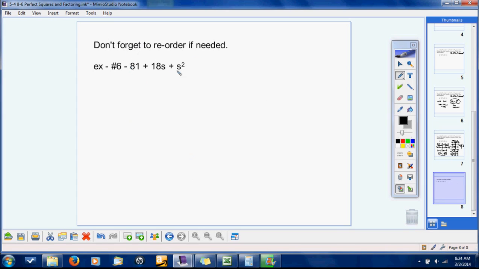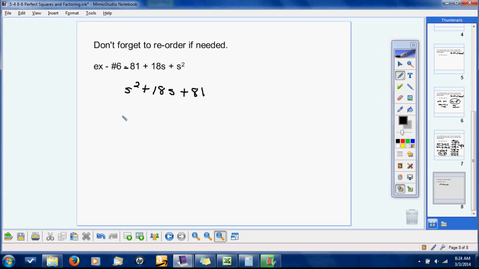Alright, sometimes, remember, you have to reorder a problem before you can actually solve it. This one we have s squared plus 18s plus 81. This should be an equals. Okay, now what I can notice here is this is a perfect square trinomial. In other words, the first term is squared, the last term is squared, and the middle term is 2 times what you get here.